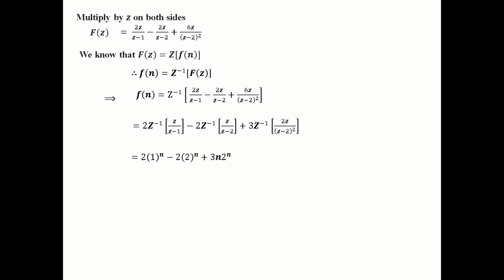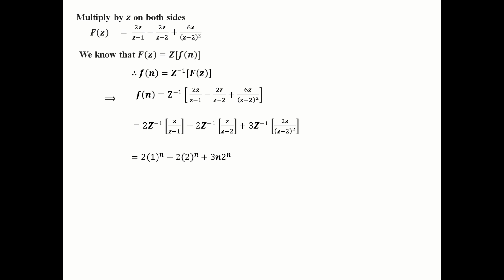Small adjustment. First one, we know z inverse of z by z minus a is equal to a power n. So in the first term, in the place of a you are having 1, so 2 into 1 power n. The second term, in the place of a you are having 2, so minus 2 into 2 power n.